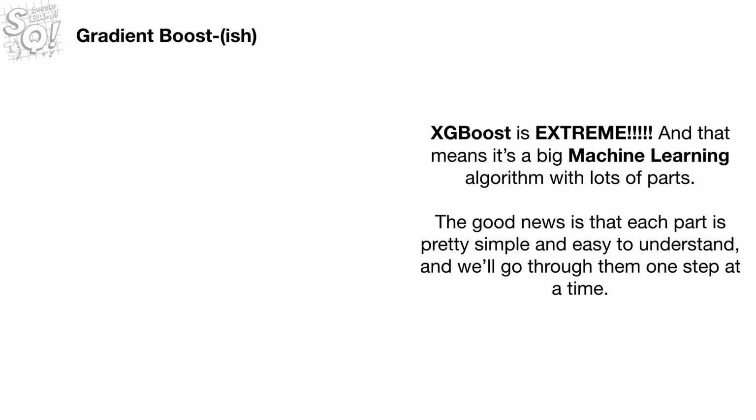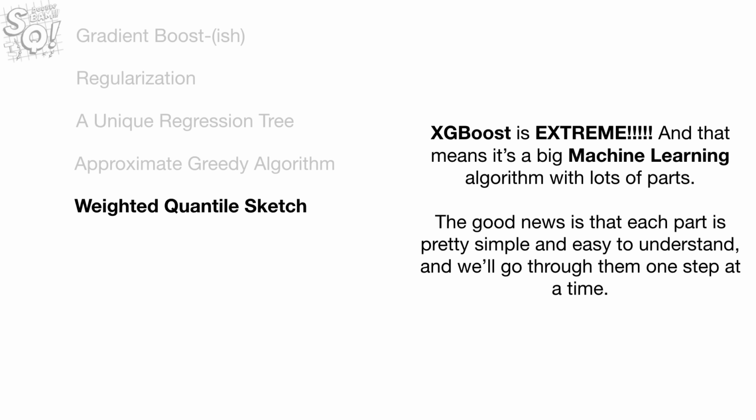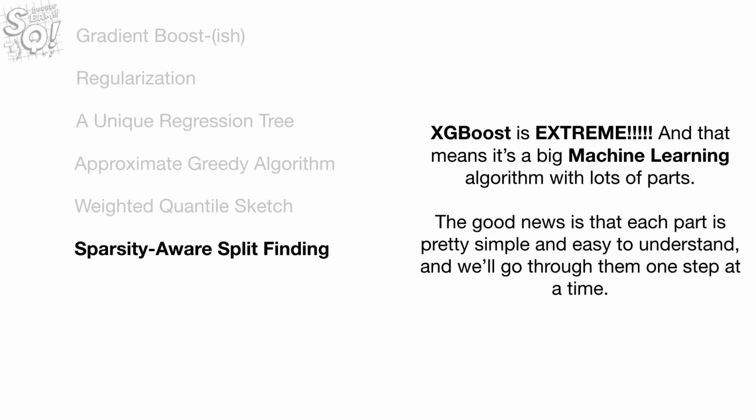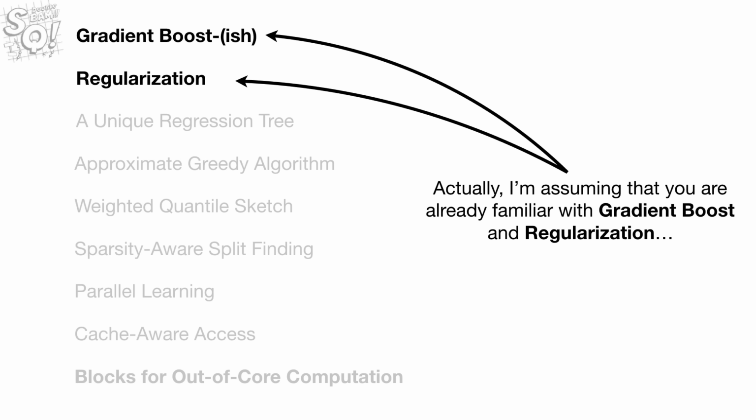XGBoost is extreme, and that means it's a big machine learning algorithm with lots of parts. The good news is that each part is pretty simple and easy to understand, and we'll go through them one step at a time. Actually, I'm assuming that you are already familiar with gradient boost and regularization.